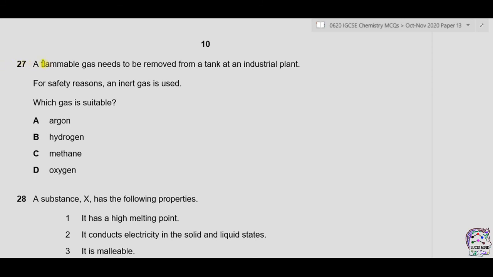Question 27. A flammable gas needs to be removed from a tank at an industrial plant. For safety reasons, an inert gas is used. Which gas is suitable? Now, inert gas means gas that is unreactive or noble gas, and in the periodic table, inert gases are present in group 8. A is argon. Argon is a noble gas and it is also inert in nature.